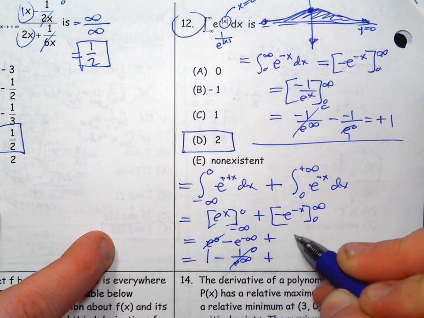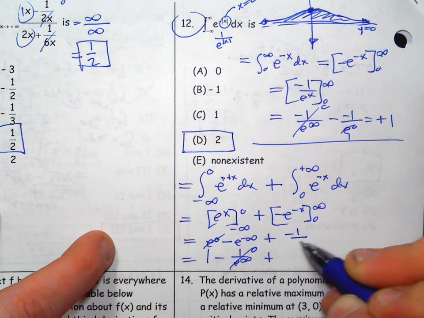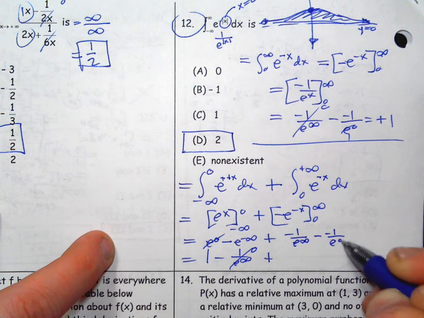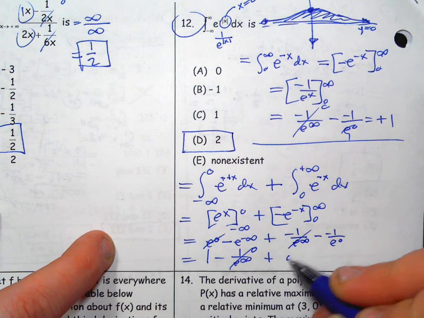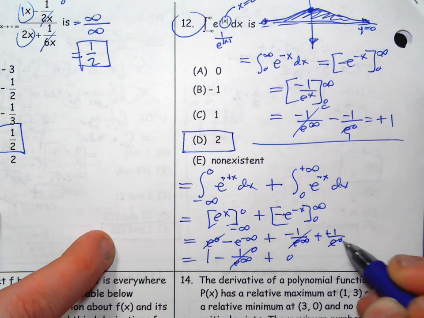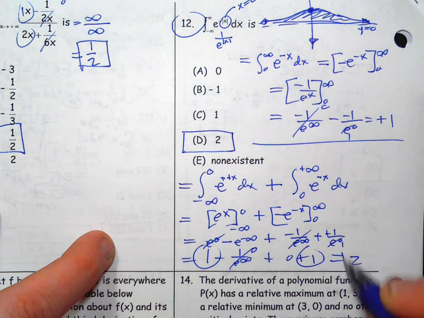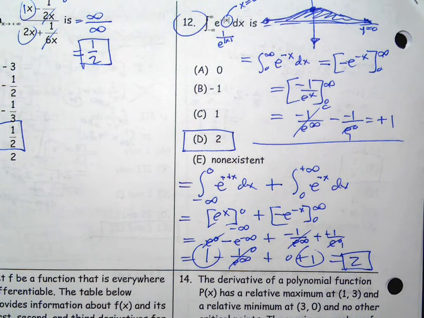And then this is negative 1 over e to the infinity minus negative 1 over e to the 0. So that's 0. And that's 1. And you have a 1 plus 1, which is 2. So same answer.